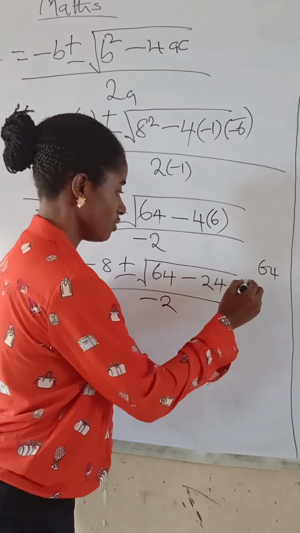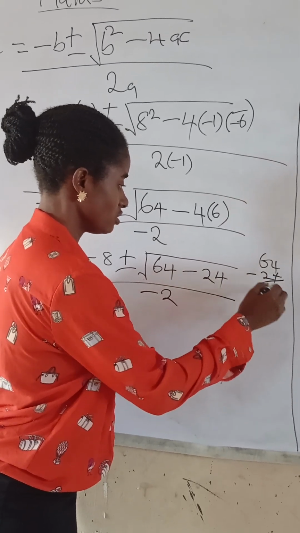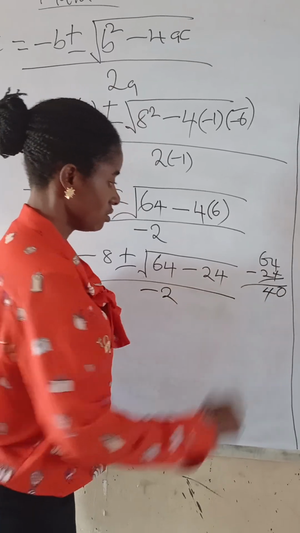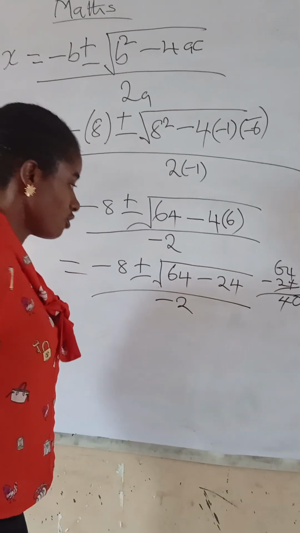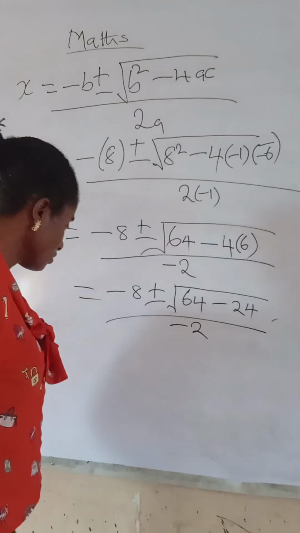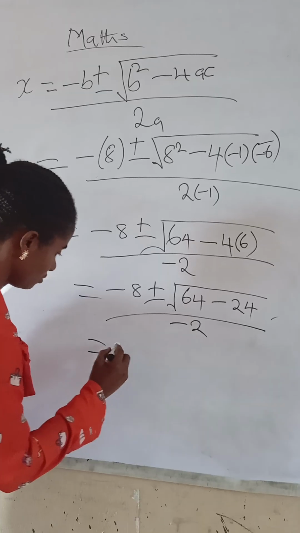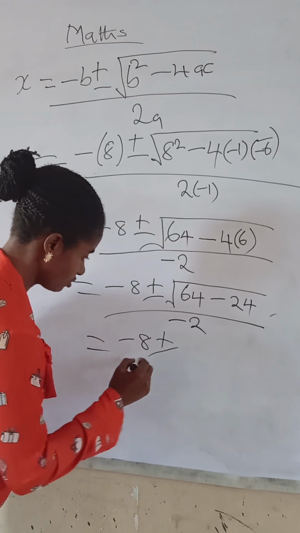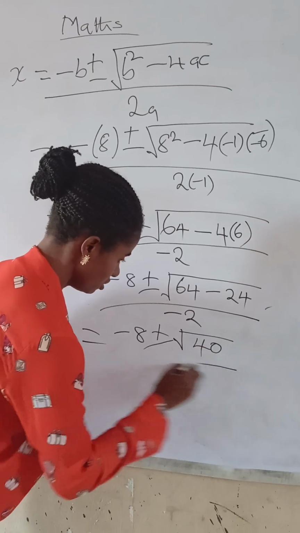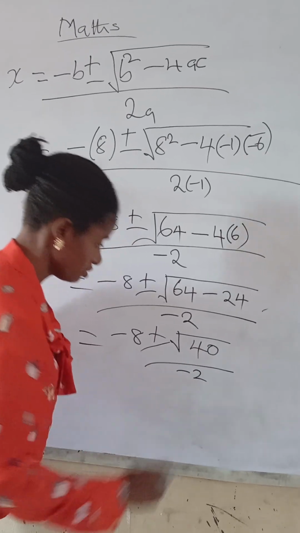We have 64 minus 24, which is going to give us 40. Minus 8 plus or minus the root of 40, divided by minus 2.